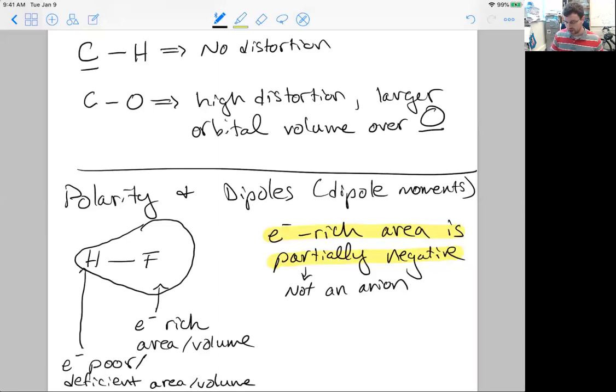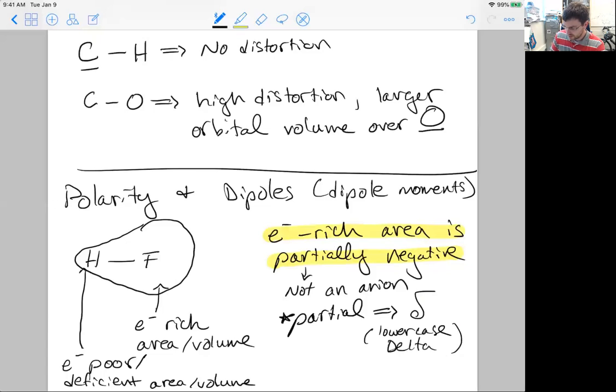So it's partially negative. Now, when we want to show the term partial, this is a fundamental mathematical concept. I know we like to use the word partial in English all the time, but math has adopted this term partial and given it the symbol delta. This is a lowercase delta, the Greek letter delta.